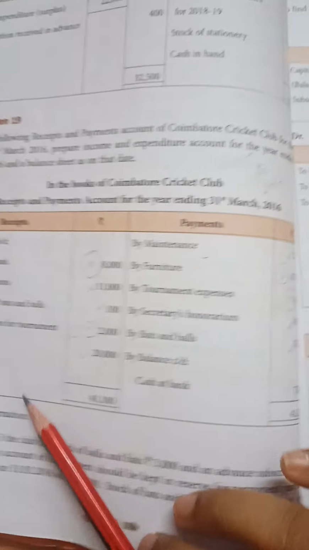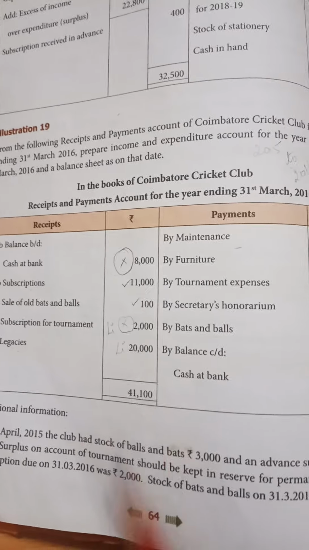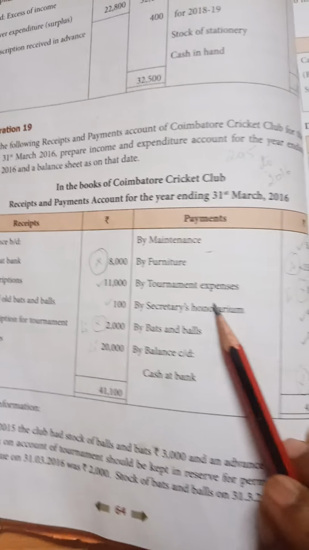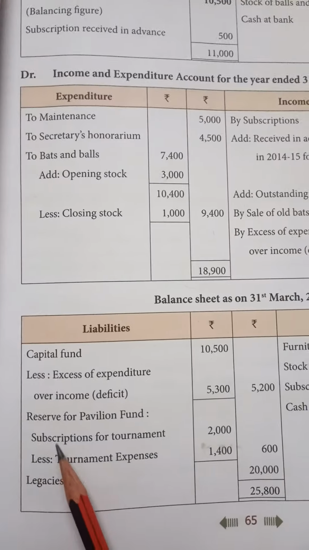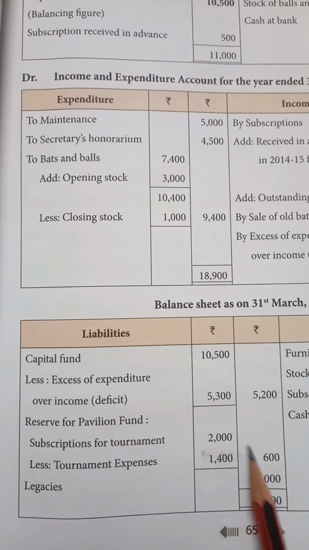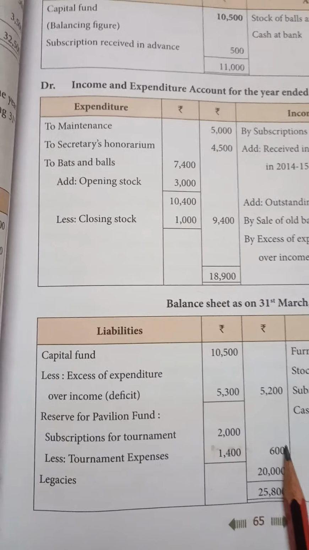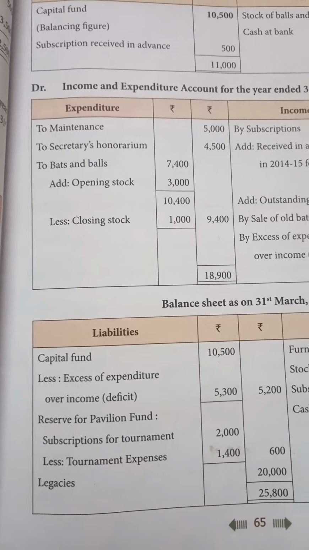Then comes the subscription for tournament, we have 2,000, so you have to write that tournament minus tournament expenses 1,400. So you will take up subscription for tournament 2,000 minus tournament expenses 1,400, so in the outer column you will have rupees 600. Okay, so all the related items to be taken to one side only.